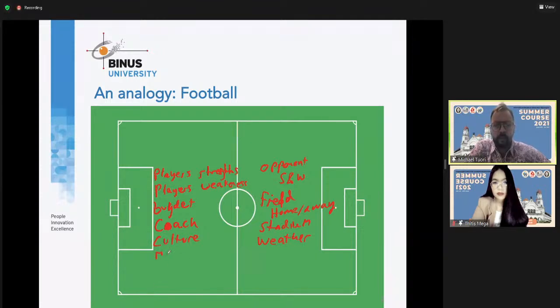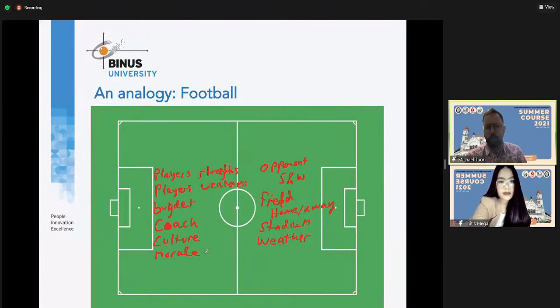We have things like morale, which means if you're winning a lot, everybody's super positive. You're going to motivate them in a certain way. And if you're losing a lot, then morale is going to be low. You're going to take a different approach. The rules are important. If one of the rules changes, for instance, you're going to change the way that you play. You have things like the talent available.